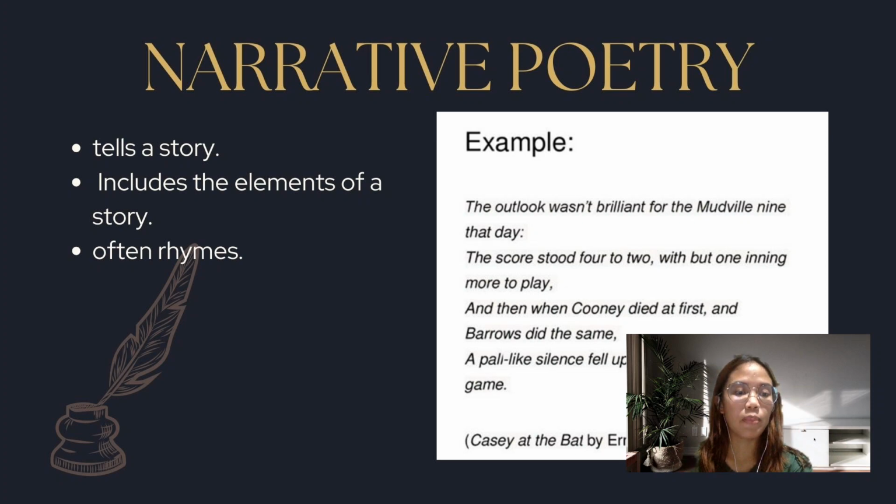So this is an example of a narrative poetry. As you can see, it tells a story. This is Casey at the Bat by Ernest Lawrence Thayer. So as you can see here, we have the characters right here, and then the dialogue. We have the dialogue right over there, and then we have the settings of time and place. And yeah, that is an example of narrative poetry.